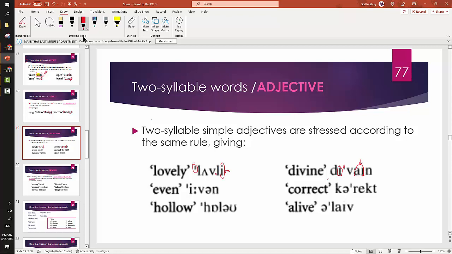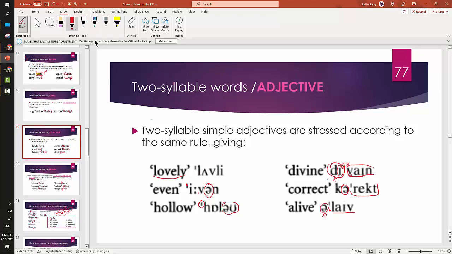Here we have a schwa sound, and we cannot stress the schwa sound. We put the stress on the first syllable. We have correct. Here we have a schwa sound in the first syllable. We cannot stress the schwa sound, so we put it on the second syllable. We have here hollow. It's not hello, it's hollow. Because of the O sound, we cannot stress it, so we put the stress on the first syllable.